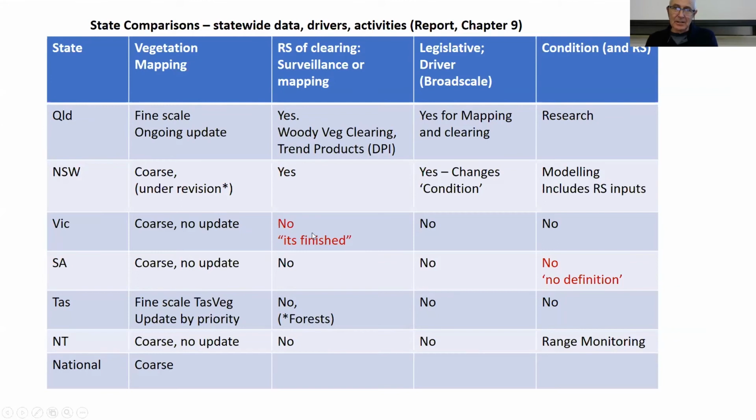Victorians aren't interested in clearing because they think it's all over, woody vegetation clearing. Queensland is the state which has a very well-resourced vegetation type mapping and also a long-established remote sensing program. But as you see, most of the other states are really in a similar state when it comes to vegetation mapping, and not much of a state in terms of remote sensing.